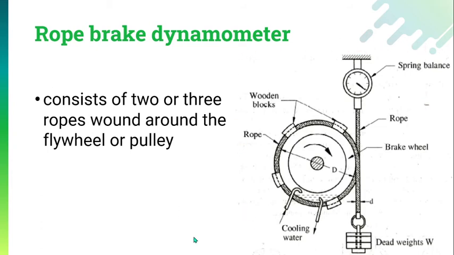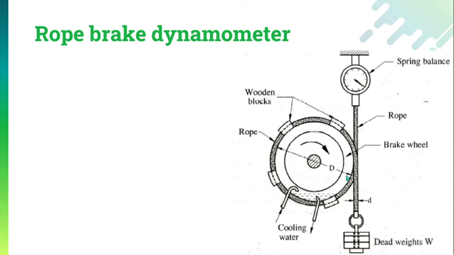Now let us check out how the rope brake dynamometer will work. Whenever the shaft is rotating, the flywheel or the pulley will try to rotate at a constant speed. As we have applied the rope as well as the wooden blocks, and the rope is wound around the pulley, the rope will try to apply some friction to the flywheel. Initially, when the dead weight is not applied, the rope will not apply that much friction.